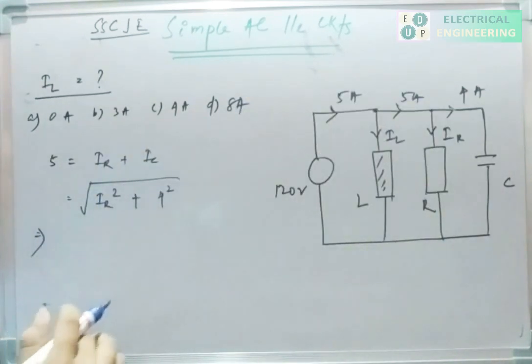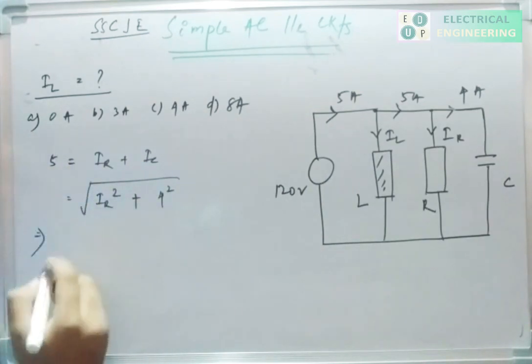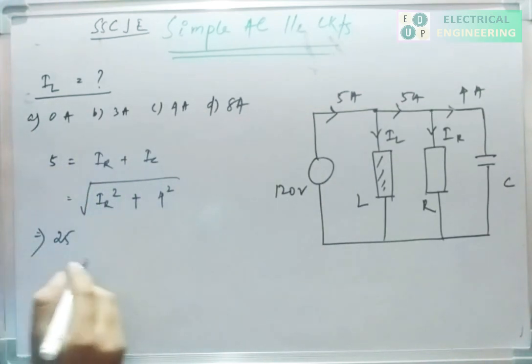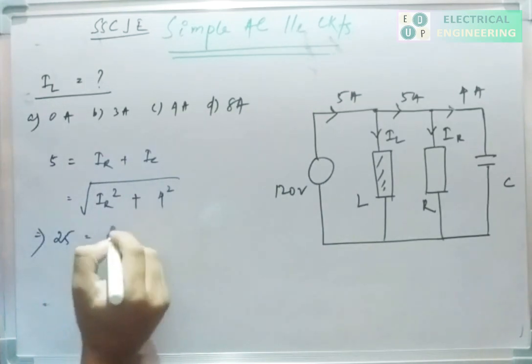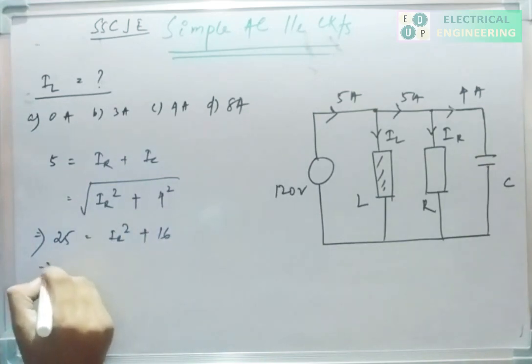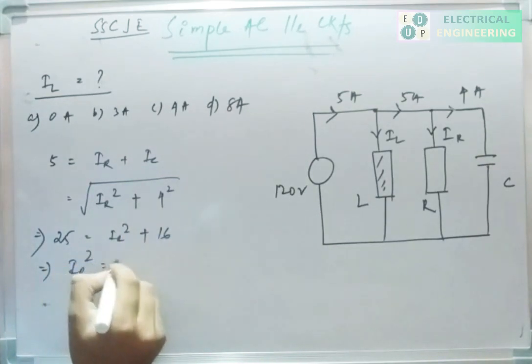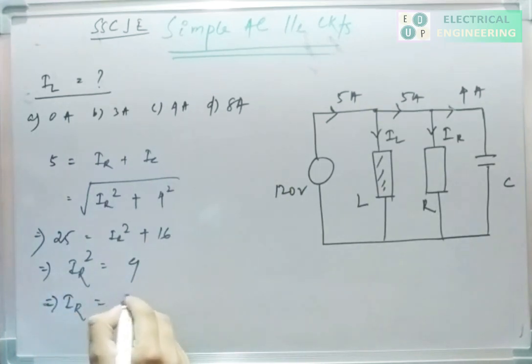Squaring both sides, we get 25 equals IR square plus 16. So IR square is 25 minus 16 is 9, IR is 3 ampere.